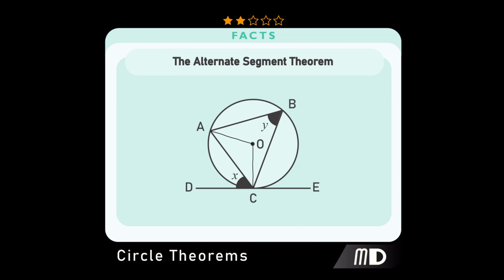We can indicate that on the diagram. The triangle that we have created, AOC, is an isosceles triangle, since two of the sides are equal in length.